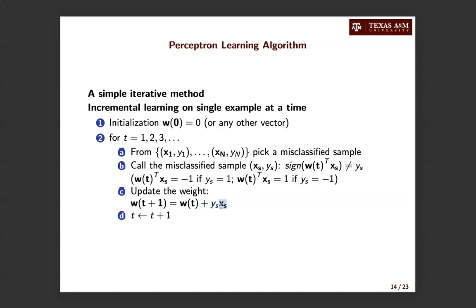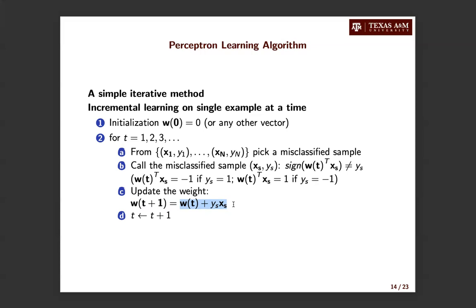Therefore, we will subtract XS from WT. Again, by doing so, if our sample belongs to the positive class and is misclassified, therefore lying on the left side of the line, we will make our sample with this adjustment eventually lie on the right side of the line.